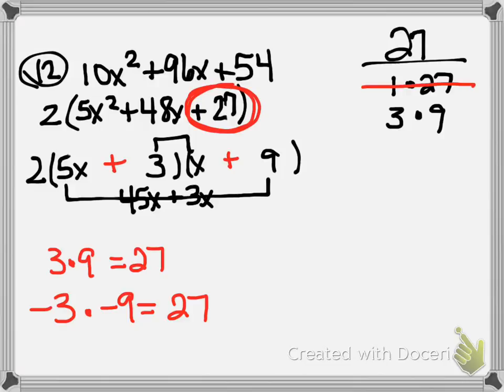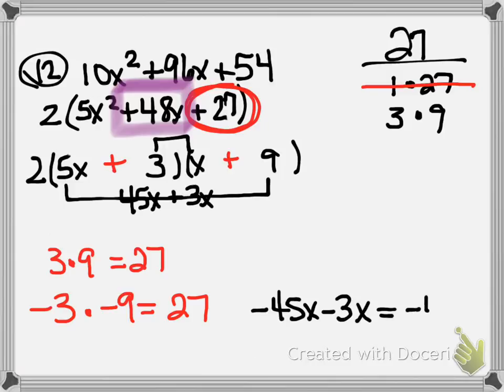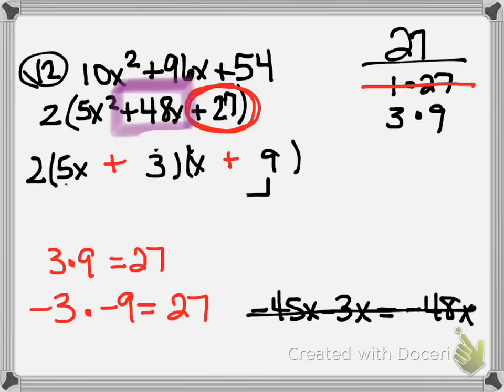So now I'm going to look at my middle term. My middle term needs to be positive. Well, if I had a negative 3 and a negative 9, that would give me a negative 45x minus a 3x, which would be a negative 48x. That's not going to work. Therefore, our answer will be the positives.